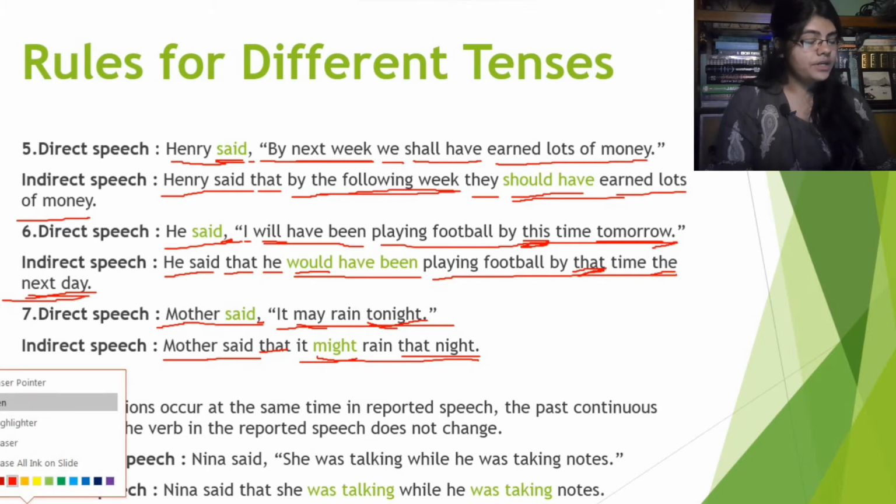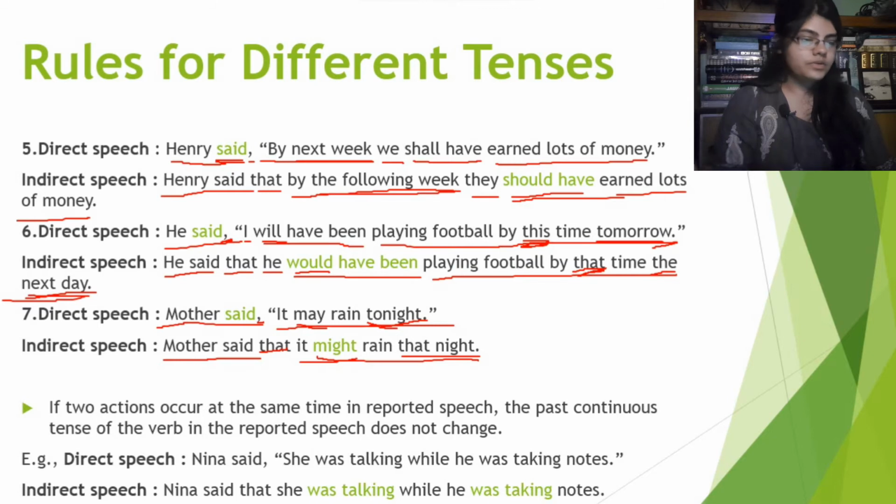Now, what is happening here? The first portion will be exactly how it is. Nina said will be Nina said. The comma will be replaced by that, and the inverted commas will not be used here in the indirect speech. Now, she was talking will be she was talking only.